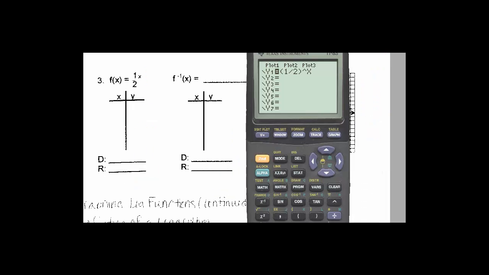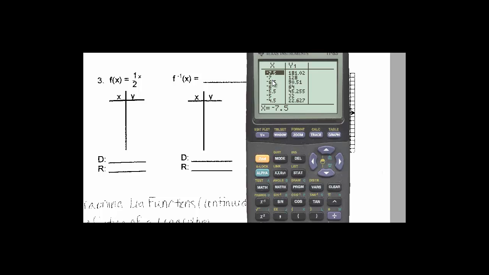Let's look at one last example. The function 1/2 raised to the x power, this is an exponential decay, never touches 0, so y equals 0 is the asymptote. Let's look at the table, and I'm looking for some whole numbers.